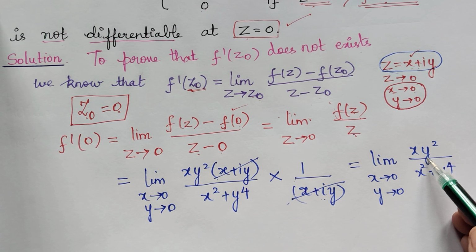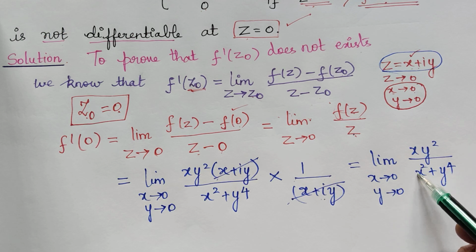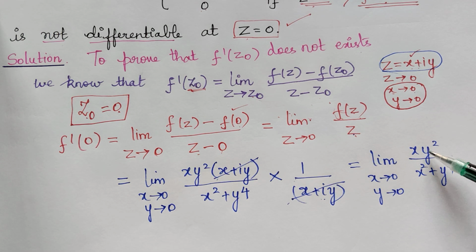Because if you choose a straight line, for example if you consider y equal to mx, here in the numerator you will have x to the power 3, and in the denominator you will have x to the power 4, and here you have square, so we won't be able to cancel the terms very easily, because we have y square and y power 4 over here.